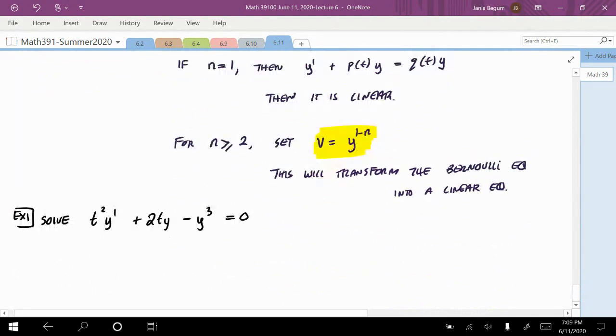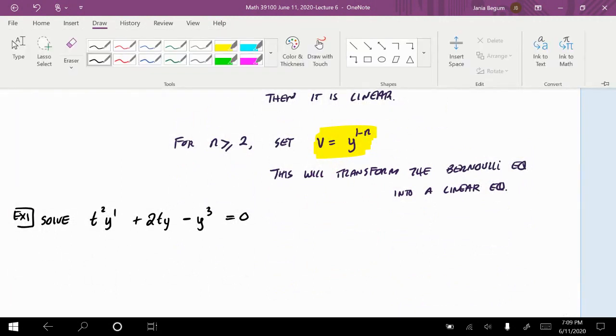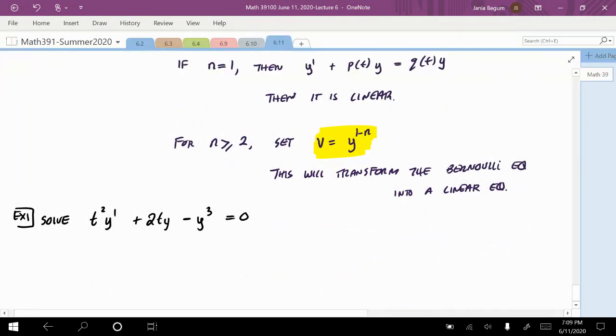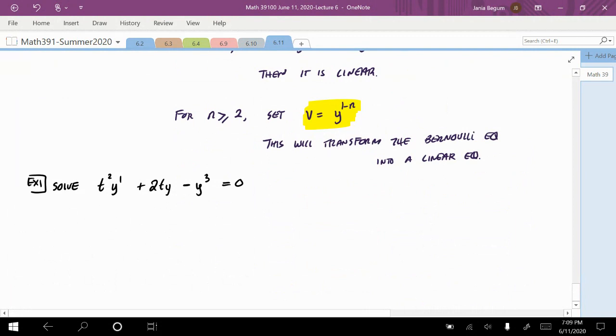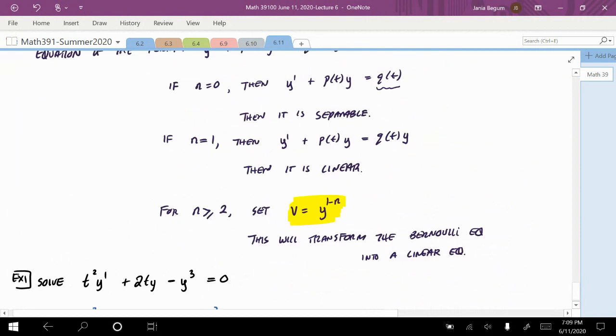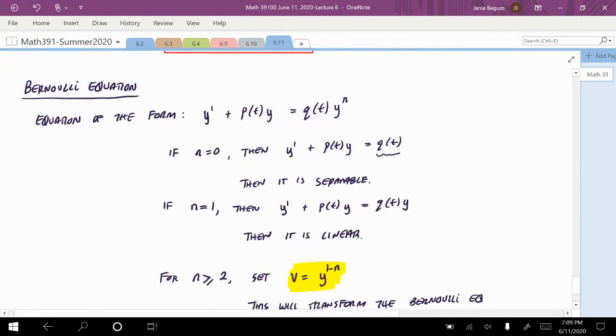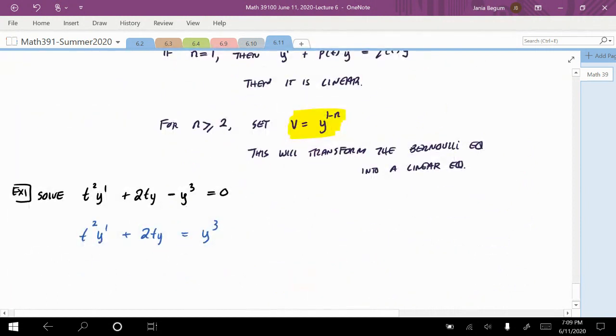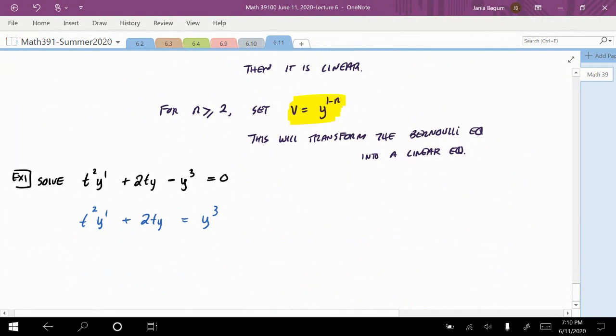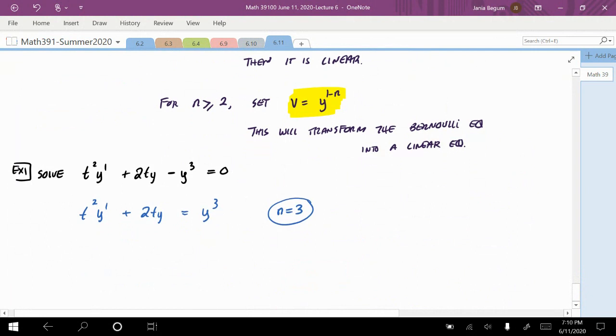What is n in this case? 3. So if you want, you can move the y cubed to the right side. So you would have t squared y prime plus 2ty equals y cubed. Then it looks exactly in that form, except y prime is not by itself yet. We're going to do the simplification a little later. So from here, we can identify n is 3. If n is 3, let's make the following substitution.